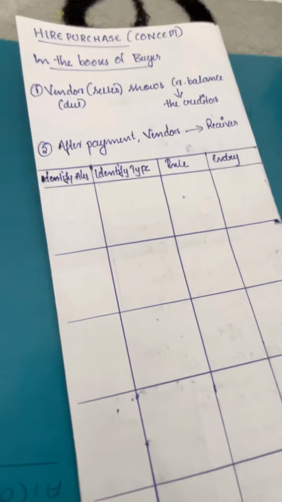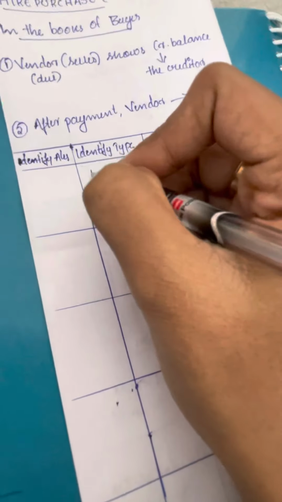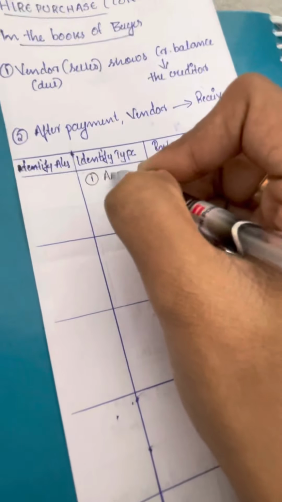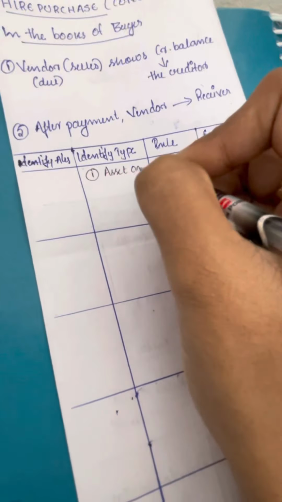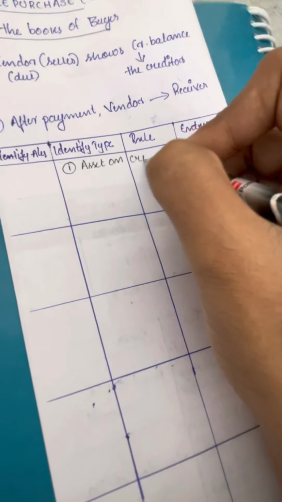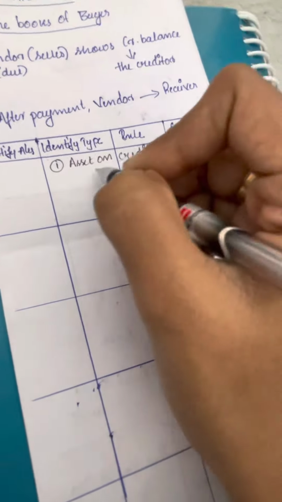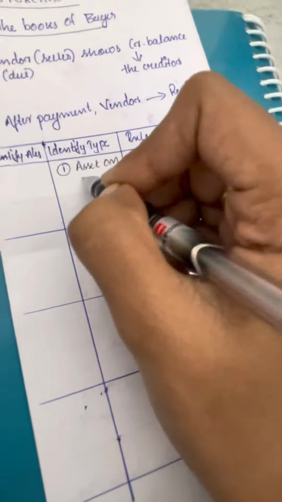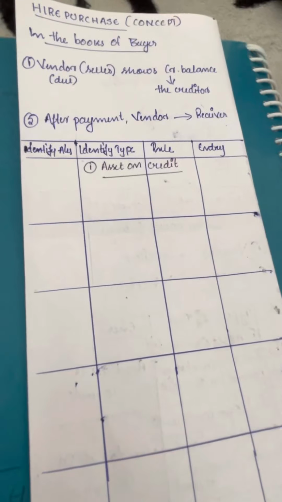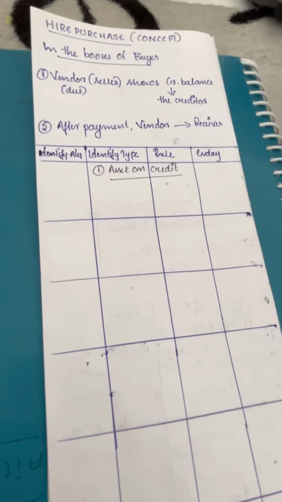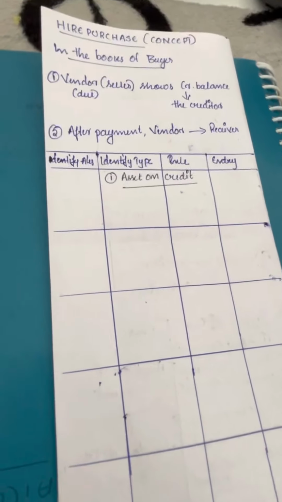The first entry is asset purchased on credit. A buyer purchased an asset on credit. How many accounts here?